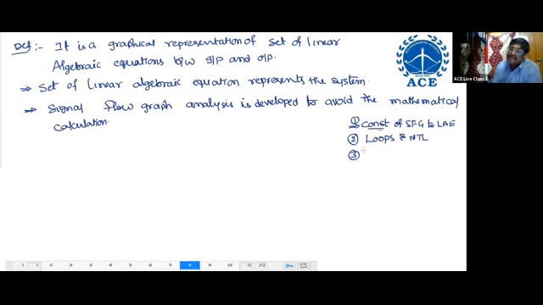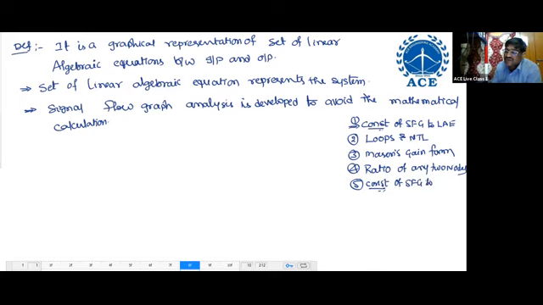The third one is Mason's gain formula and finding transfer function. The fourth one is ratio of any two nodes. The fifth one is construction of SFG to electrical network. So these are the 5 topics we have to discuss.